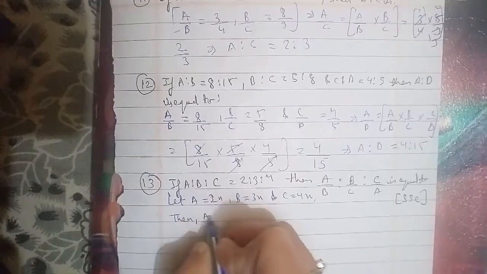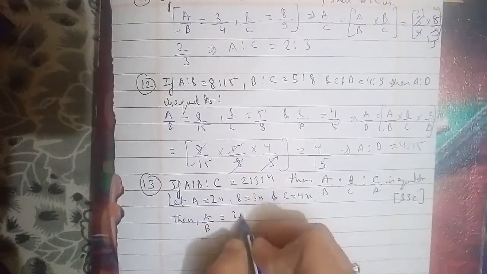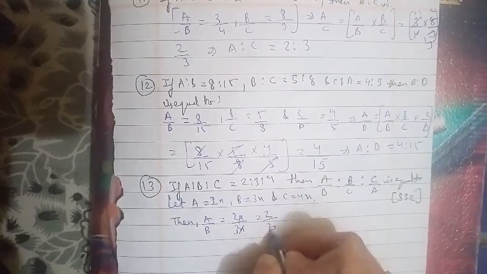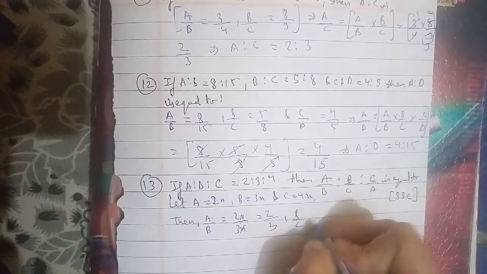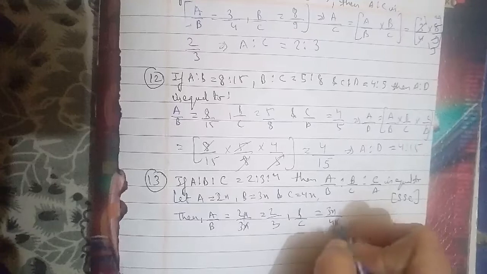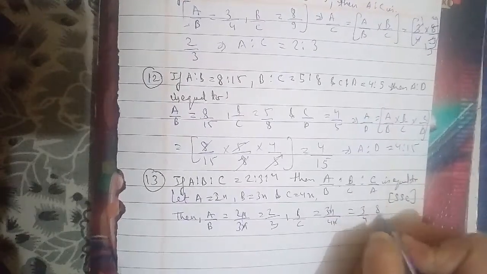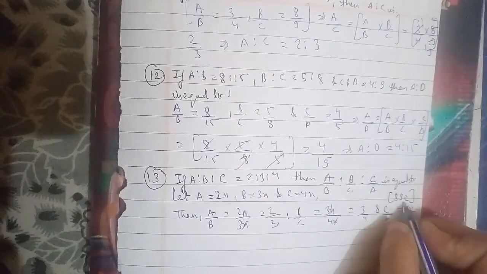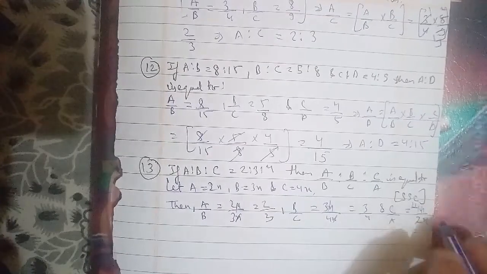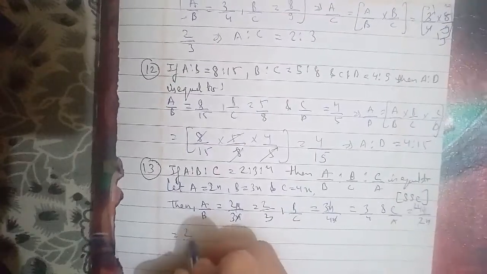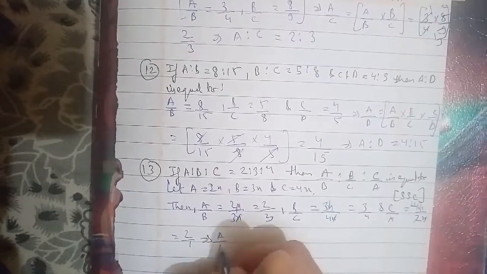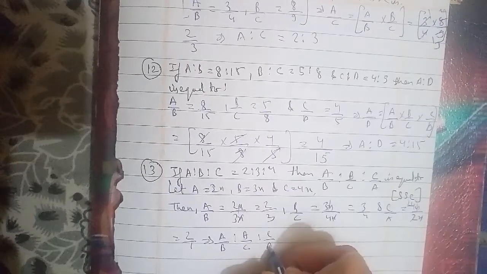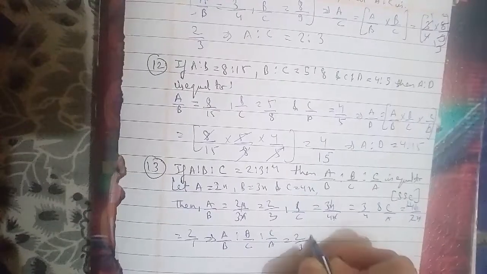B upon C equals 3x upon 4x, it cancels to 3 upon 4, and C upon A equals 4x upon 2x, cancelled, 2 1s are 2, 2 2s are 4, so it is 2 upon 1. So A upon B ratio B upon C ratio C upon A, 2 upon 3 ratio 3 upon 4 ratio 2 upon 1, equals 8:9:24.